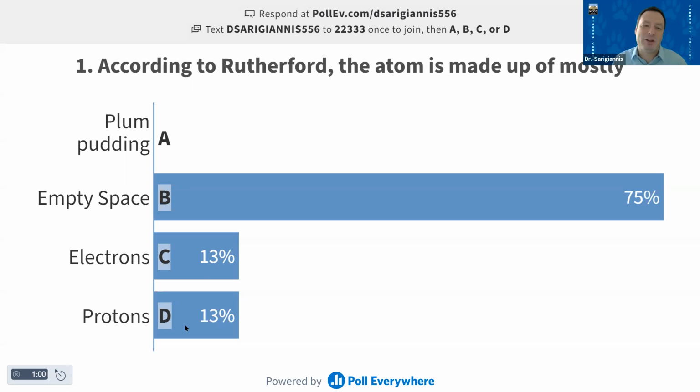And the electrons are really far away. Remember that example I talked about with the football field? If you put a penny on one end of the football field, that would represent the nucleus, both its size and its relative size compared to the space. The first electron is a football field away from that penny, so that's empty space.